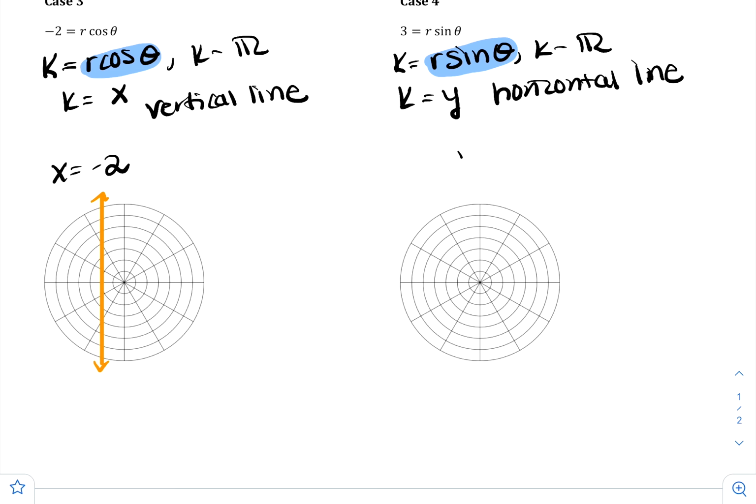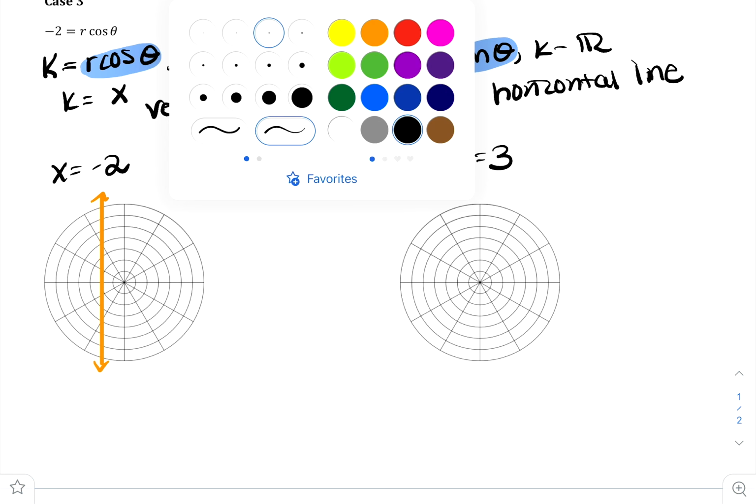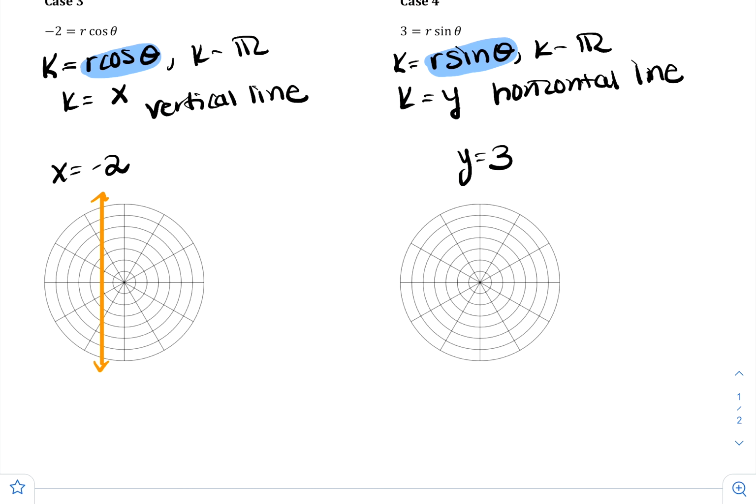Here it's 3, so we have y equals 3. So 3 is up 3: 1, 2, 3. That doesn't look very good. Let's try again. 1, 2, 3 is here. Okay, better. And so it's a horizontal line.